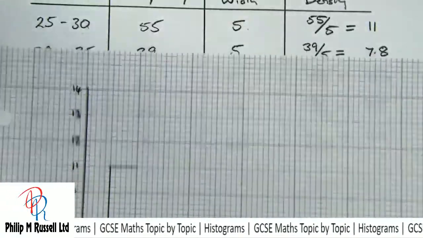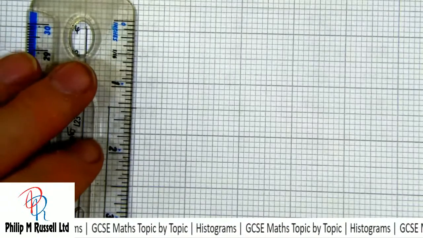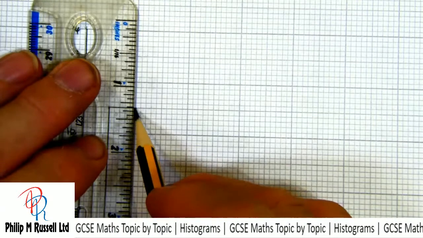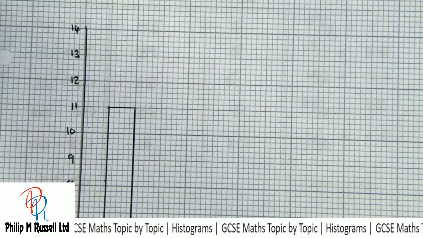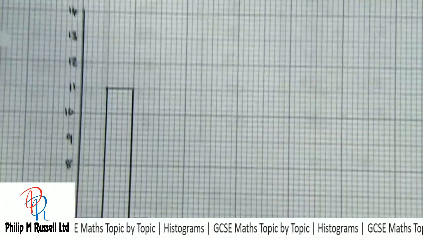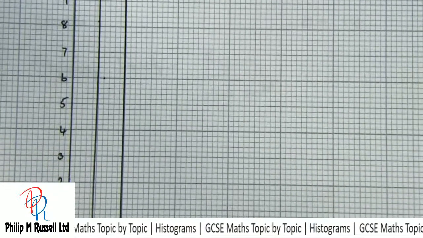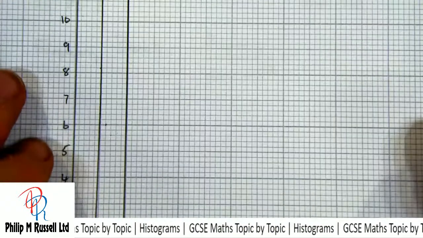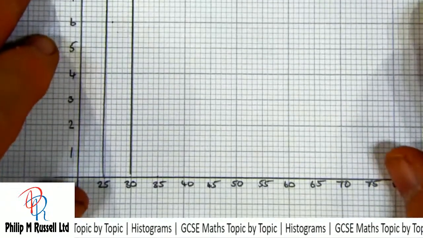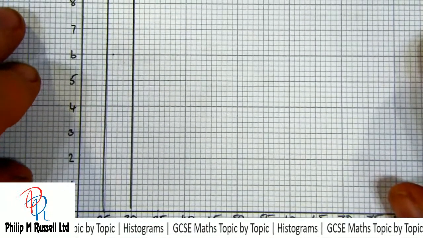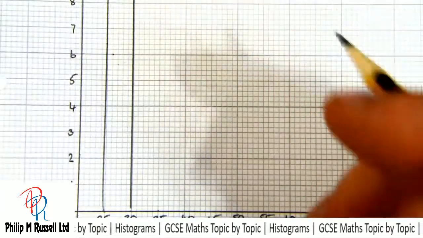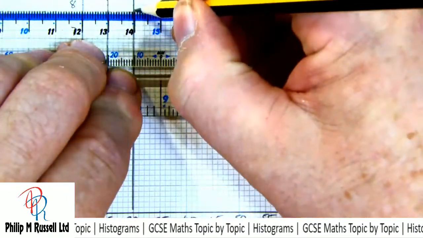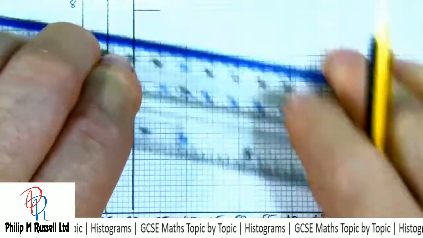There we go. Now my second bar is in fact going to be 7.8, so it's going to be less. So let's take this one, let's draw that one in, and we want to go now to about 7.8. I can read it on the piece of paper. 7.8, and it's 5 across.